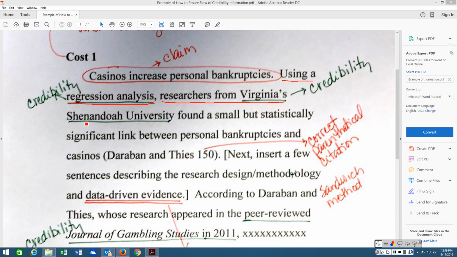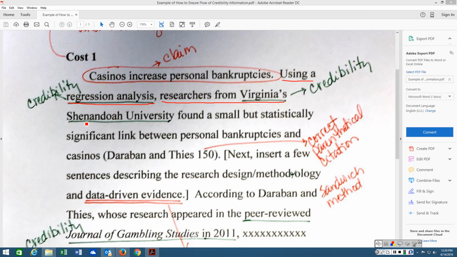University researchers typically don't have a stake in the outcome, and so they're considered to be fairly unbiased, though everyone has certain personal biases. So we say researchers from Virginia's Shenandoah University to show that these researchers have some credibility because they're associated with the university.